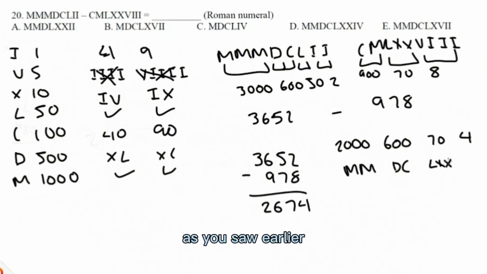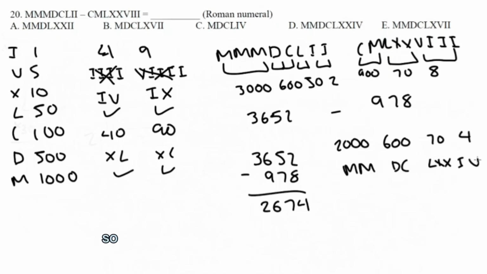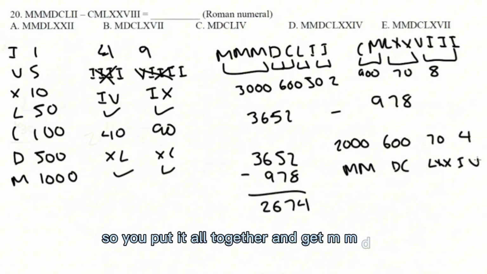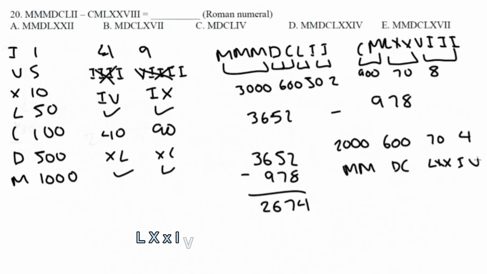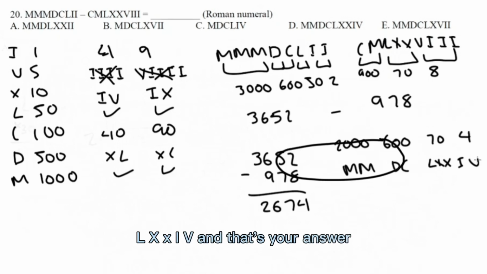And then 4, as we saw earlier, would be IV. So you put it all together and get MMDCLXXIV. And that's your answer.